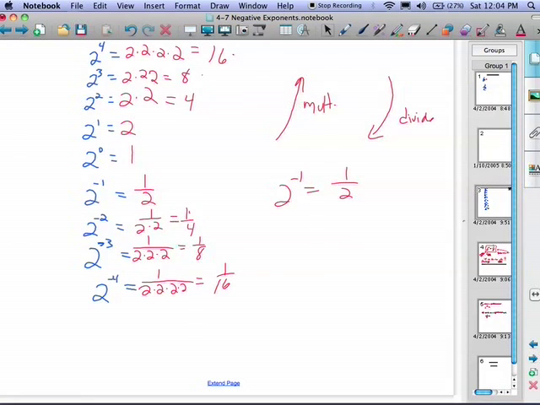Positive exponents and negative exponents, their answers are related. They are inverses of each other. Negative exponents don't give you negative numbers. Negative exponents give you fractions. And the larger the negative exponent, the smaller the fraction. So very important to remember that negative exponents give you fractions.